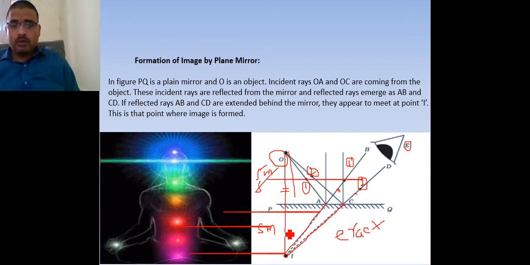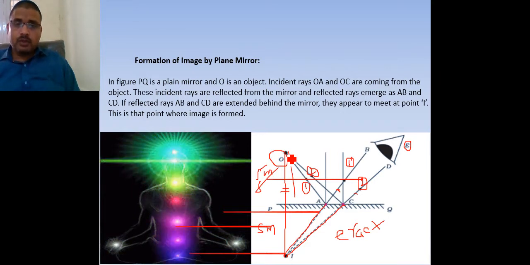Now the distance of this image from this object is double the distance between the mirror and object. You can observe here, if it is 5 meter from the mirror, then the distance of the image from the object will be 10 meters.